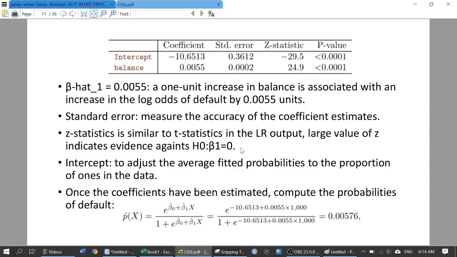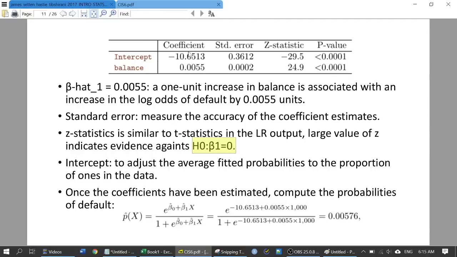If the p-value is very low, we are able to reject the hypothesis that says the coefficient is not significant. Once we reject this, we can say that balance is a significant variable for predicting the default status.